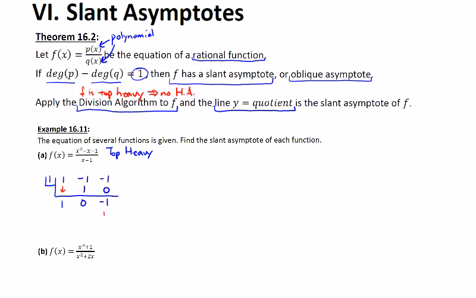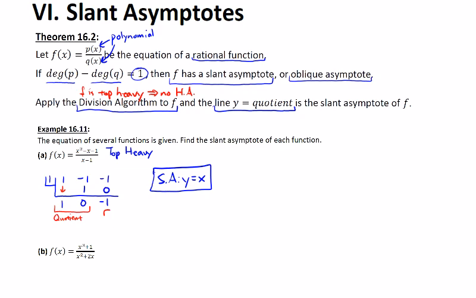That last value we write represents the remainder. Everything to the left of this now represents the quotient. And that's the part of this whole process that we're interested in, the quotient. So the slant asymptote is going to be located at y equals x. x represents the quotient, and then we just put a y equals with it, and that's how we get the equation.